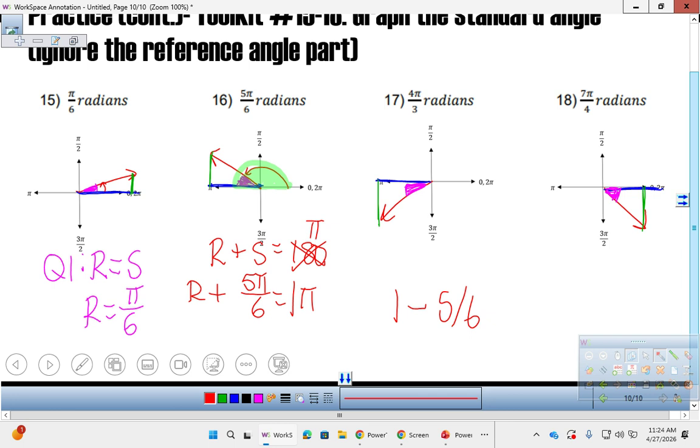Math, enter, enter. The calculator will give you the fraction: 1/6, right? We ignored the pi, then bring it back. The pi just goes on the top. So my reference angle is pi over 6. I don't have to do common denominators and all that fancy stuff. Just ignore the pi, let the numbers do the math, and the calculator will change it to a fraction for you. 1 minus 5/6 is 1/6. So pi minus 5 pi over 6 is pi over 6.